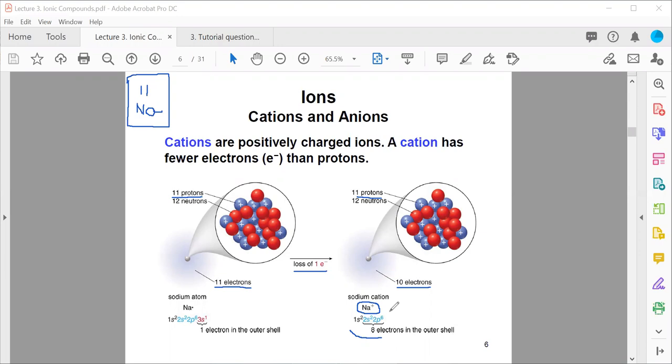Now we can see that the valence shell is shell number 2. How many valence electrons do we have? 6 here, 2 here, 8 electrons in total in the outer shell. That number 8 seems to be a particularly stable electron configuration for many of the elements. Not all of them, but for many of them. In other words, now sodium has a completely filled valence shell. Very stable for sodium.